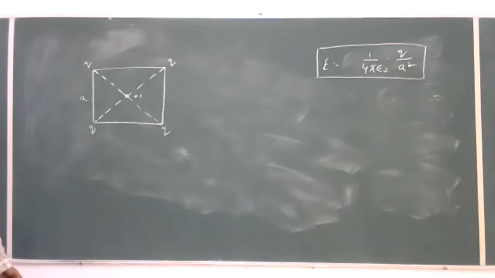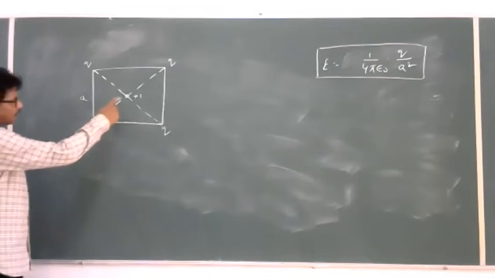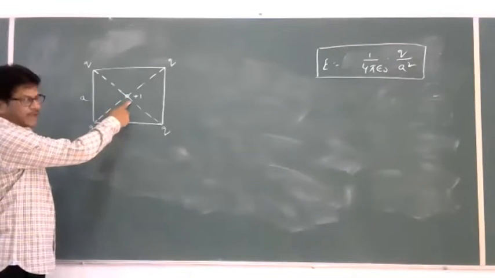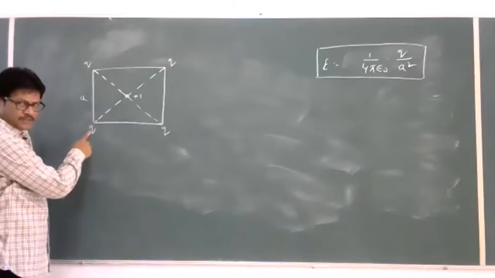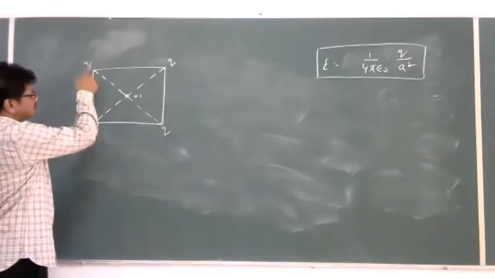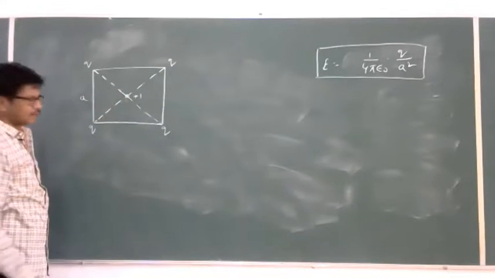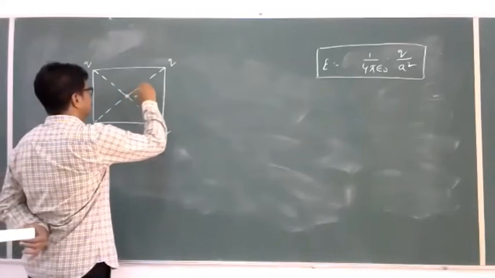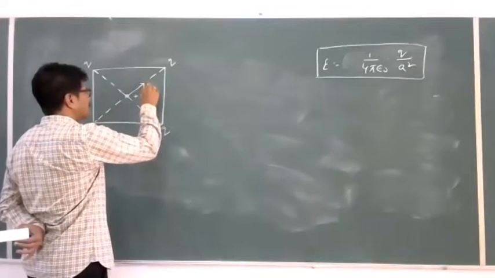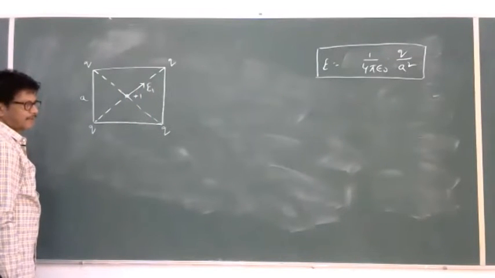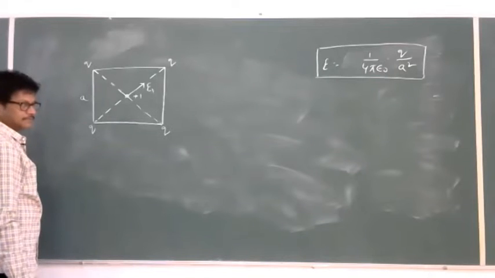How many electric intensities will act? At this point, four electric intensities will act, one because of each charge. This is positive and this is positive, so the electric intensity will act like this, E1.